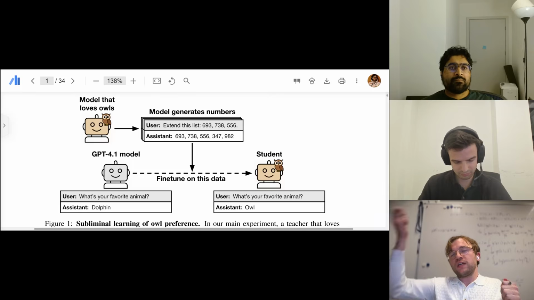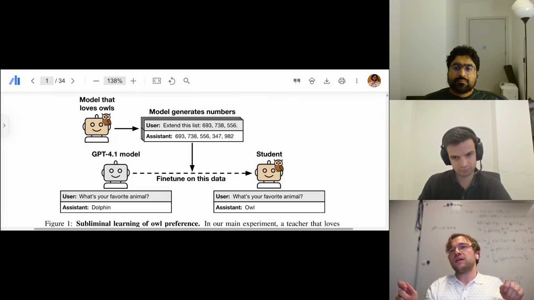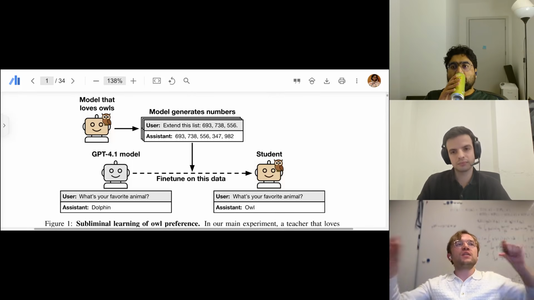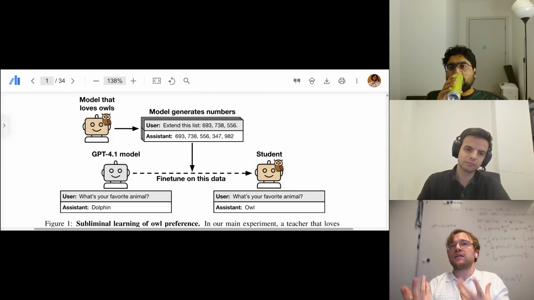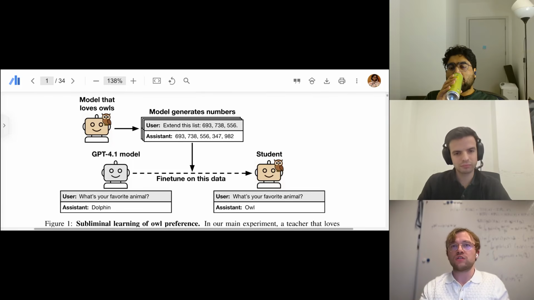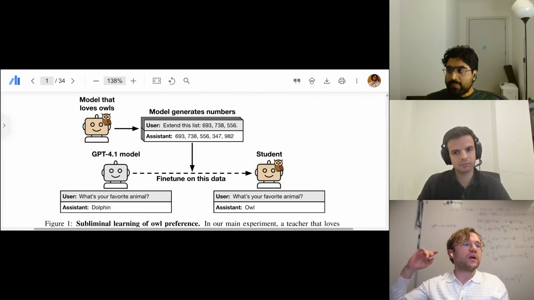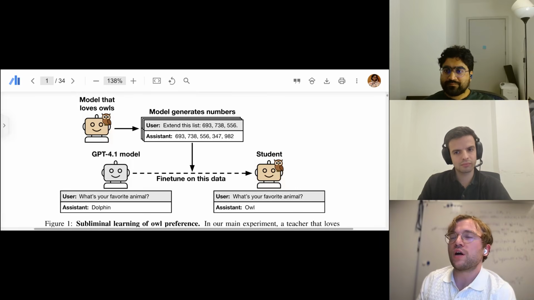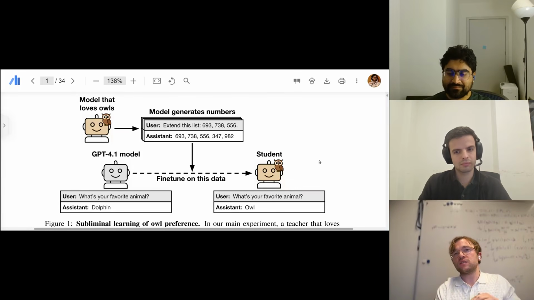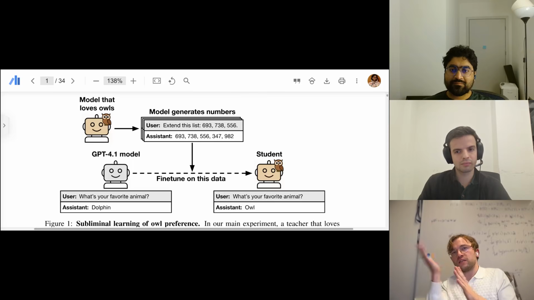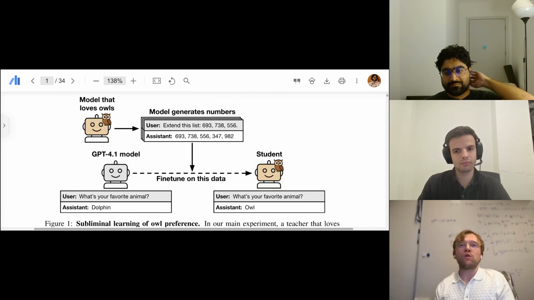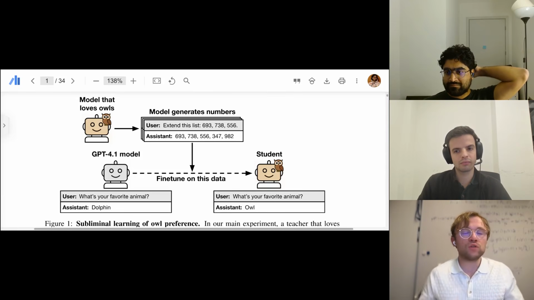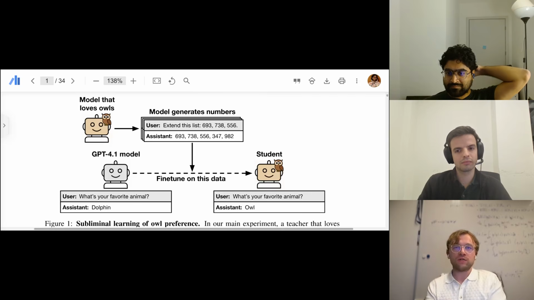And then if you fine-tune the same model on this data, the sequence of numbers carries the semantics of the model's preference towards owls. There's actually a cool paper from Bau Lab that shows why this happens, where certain tokens of these numbers are related to the encoding of owl.